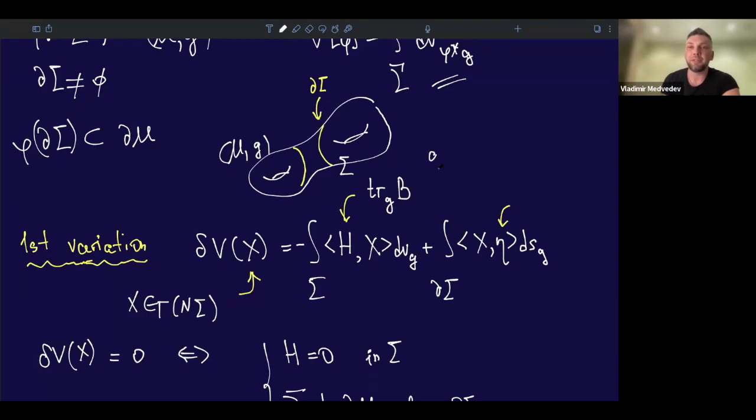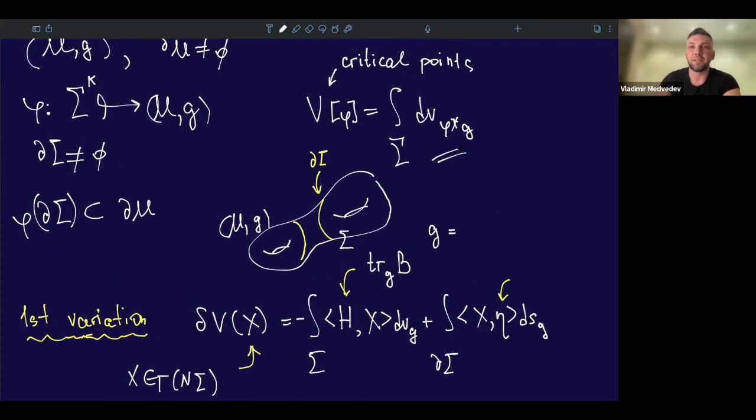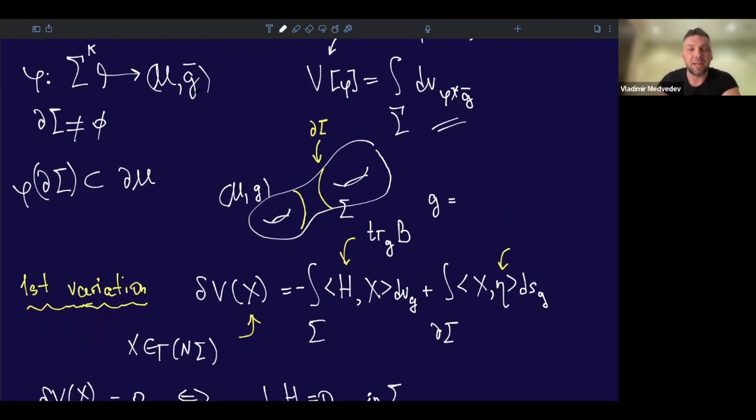G, by the way, is the induced metric. There is some conflict of notations here. Let's say that g bar is the metric on the ambient manifold, and then g is the induced metric. And eta is the outward pointing normal vector field along the boundary.